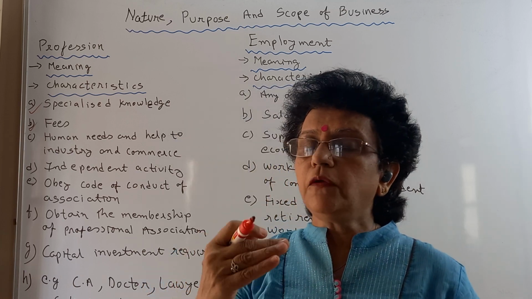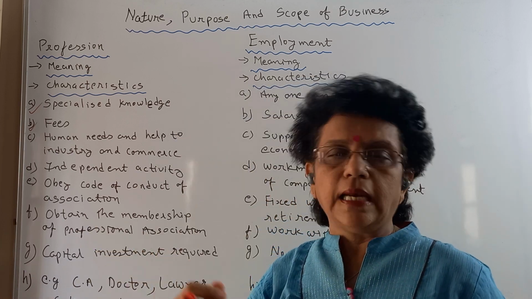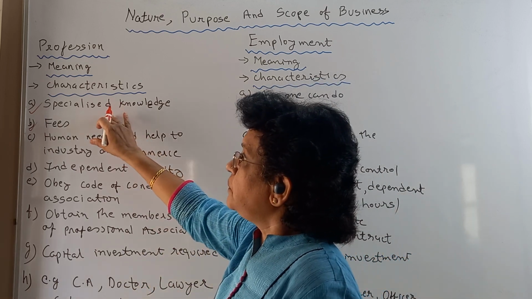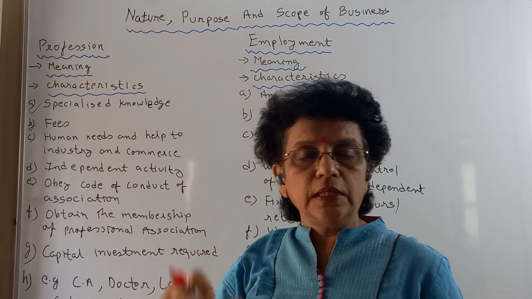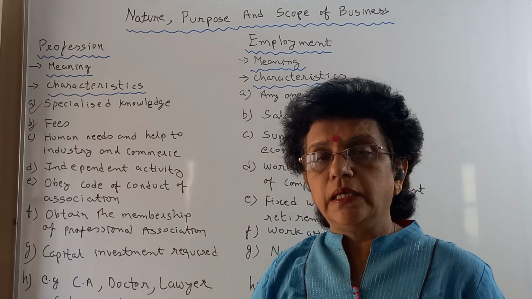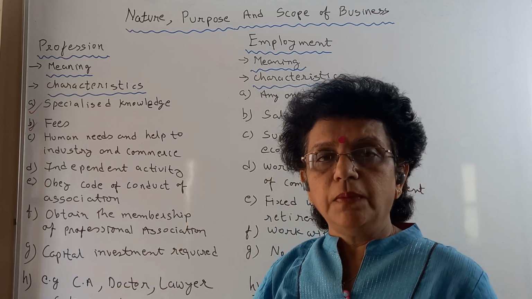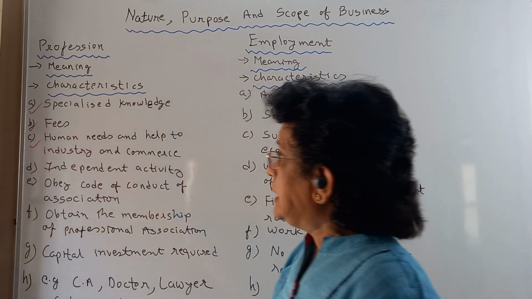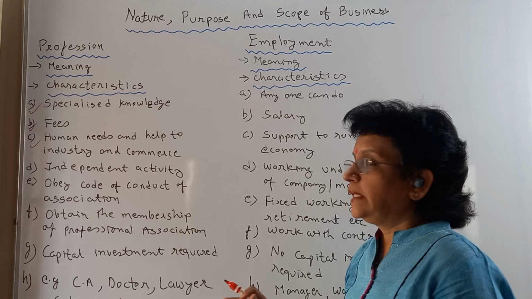So it varies from person to person, client to client, depending on what service they have provided. They are the service provider, so they have to decide independently how much money to charge from a particular client.